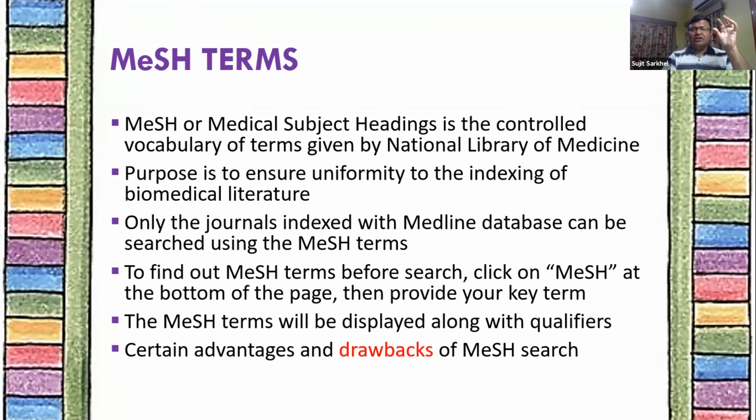So the basic idea of MeSH is that a group of indexers of the National Library of Medicine sit with the article, go through the entire text of the article, and from the article they generate a set of terms called MeSH terms, which can be universally used for searching the engine.